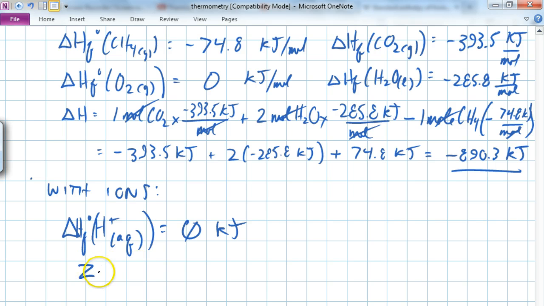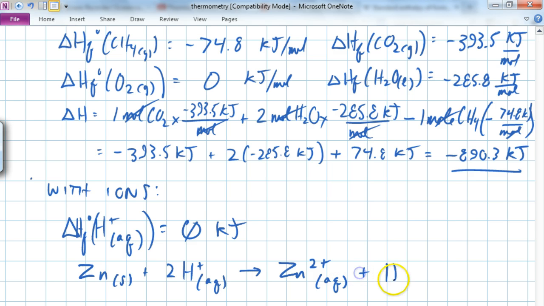So let's take a look at something like this. We've got solid zinc plus 2 H plus ions, so zinc reacting with an acidic solution, and it's going to produce zinc ions, so the zinc will dissolve in the acidic solution, and it'll produce hydrogen gas.